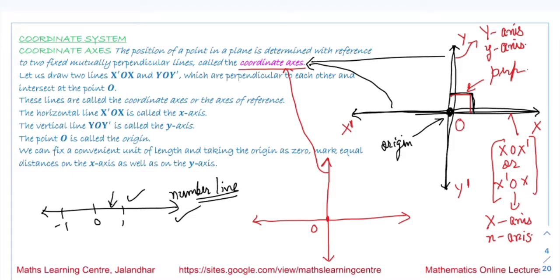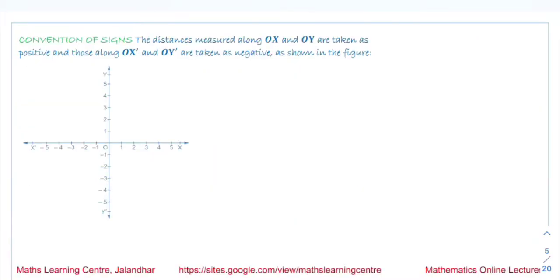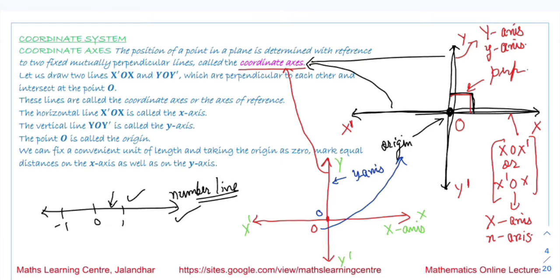One is the x axis, represented as x dash O x, and the second is the y axis, represented as y dash O y. And this point O is called the origin. What we are going to do next is, this origin O basically represents the 0 part.